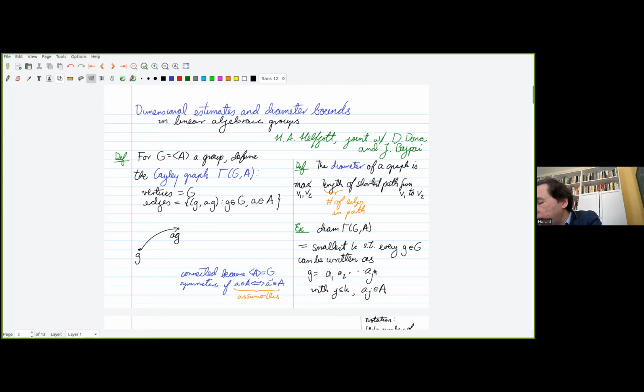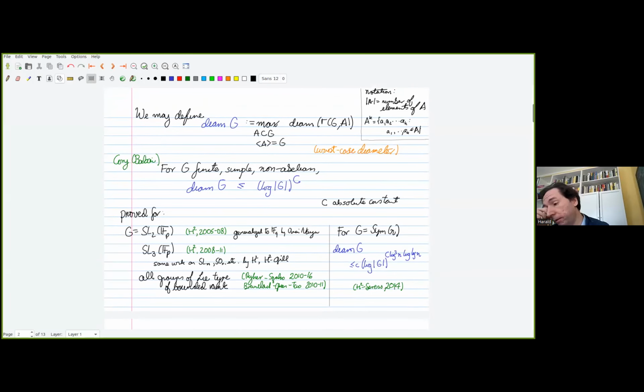It's a simple exercise to see the diameter of a Cayley graph without using any graph theoretical concepts, because you can also say, by definition, any element of the group can be written as a product of elements of A, because A generates G, and you define the diameter to be the smallest k such that every element of G can be written as a product of length at most k, right? So the diameter is small if you can write every element of the group as a short product of the generators.